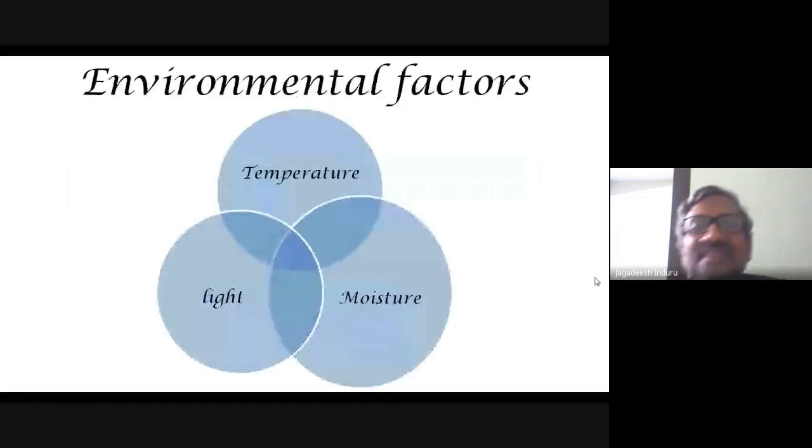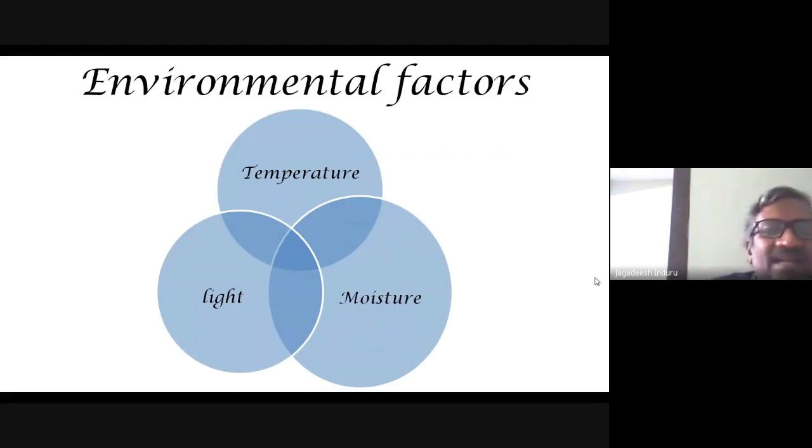So the environmental factors are temperature, light, and moisture. Of course, we also have the impact of oxygen, which is a chemical means of affecting the stability, and we are going to study that also. So temperature, light effect, moisture and oxygen present in the environment we are going to study in this curriculum, in the 5th unit of Physical Pharmaceutics 2.